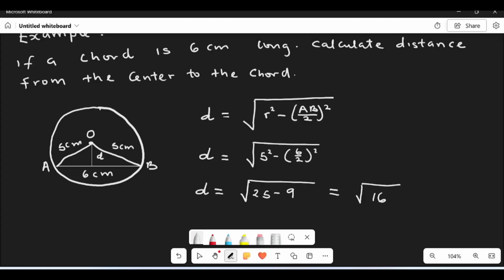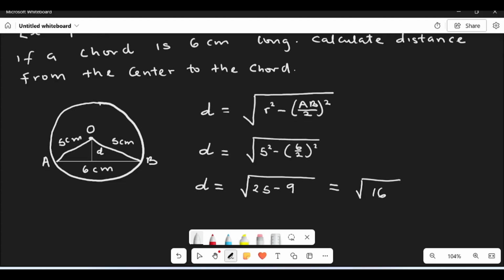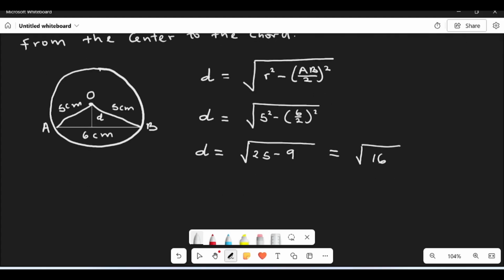And square root 16 will give us 4. So our D equal to 4 centimeter. So the perpendicular distance from the center to the chord is 4 centimeter.